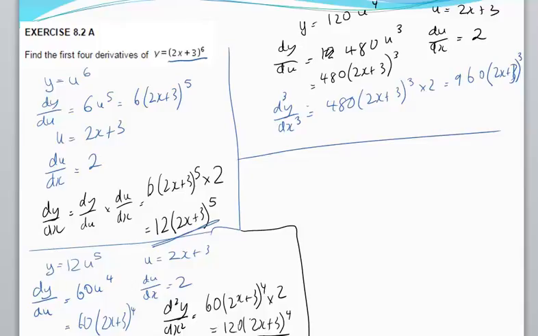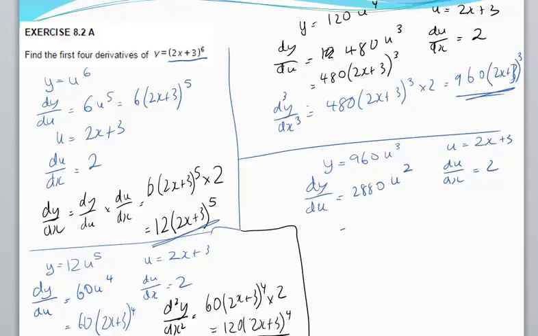Moving into our next derivative, we're using this part here. Now y is equal to 960u to the power of 3, u is still equal to 2x plus 3, and du on dx is still equal to 2. dy on du is equal to 3 times 960, which should give me 2880u squared, and we substitute back into our equation, 2880 times 2x plus 3 squared.